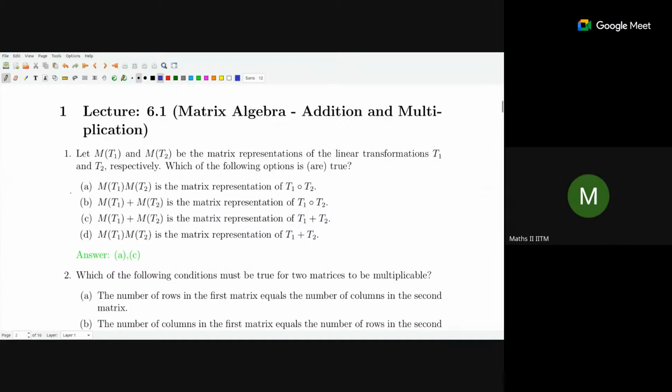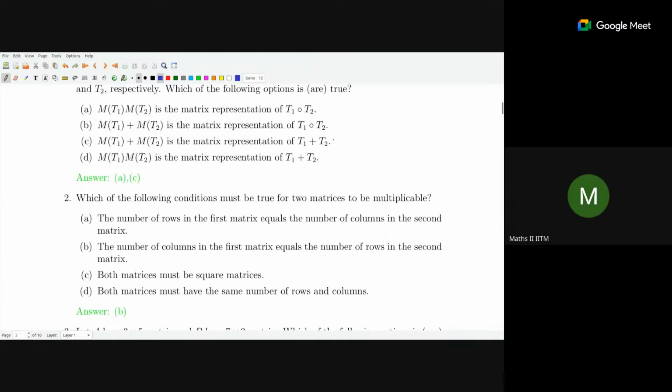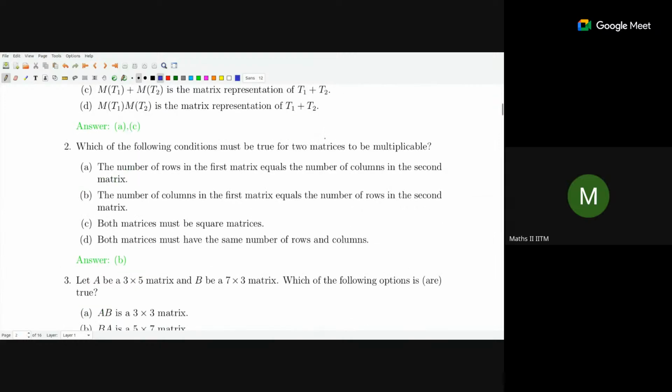From there, you see that matrix sum will just add up entry by entry, and matrix multiplication, I think you should all know this. How do you do matrix multiplication? You take the first row, first column, you multiply each entry, so A11 will get multiplied to B11, A12 will get multiplied to B21. So first row first entry will get multiplied to the first column first entry.